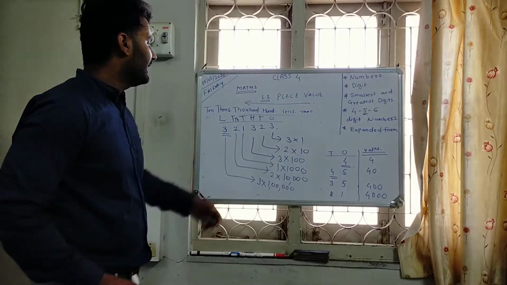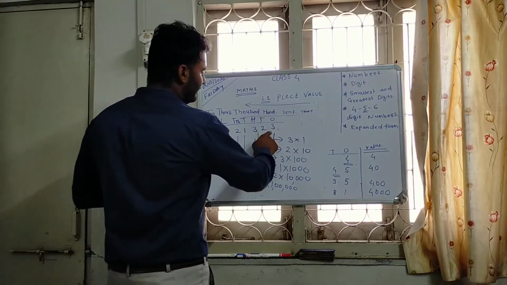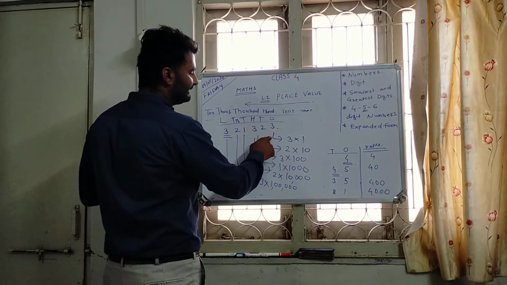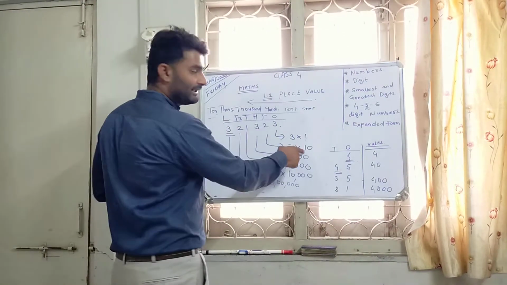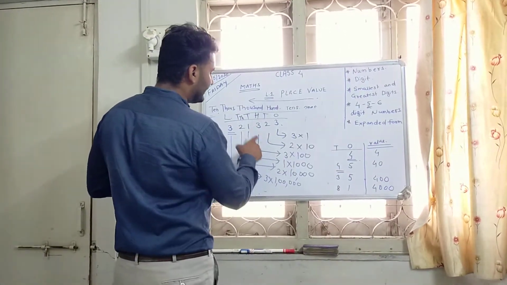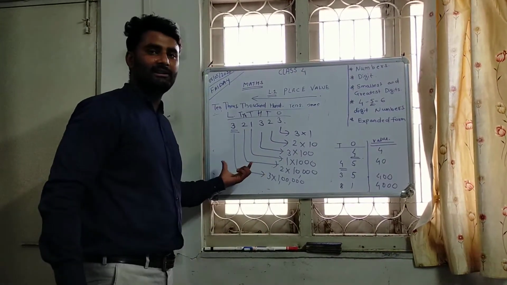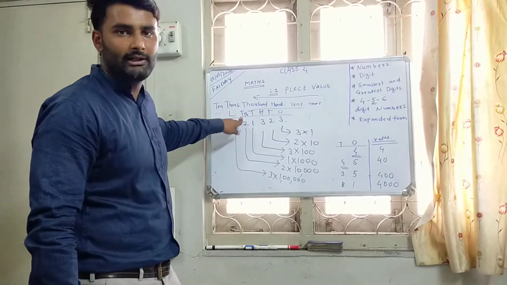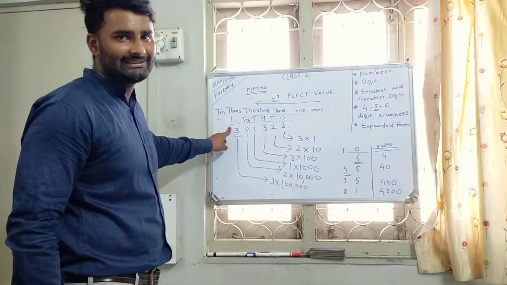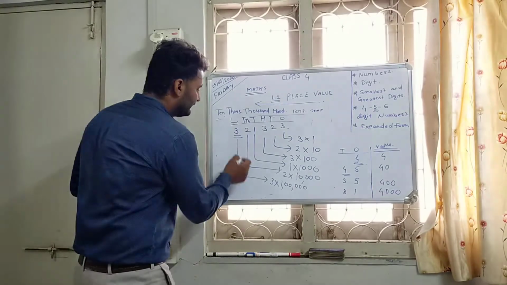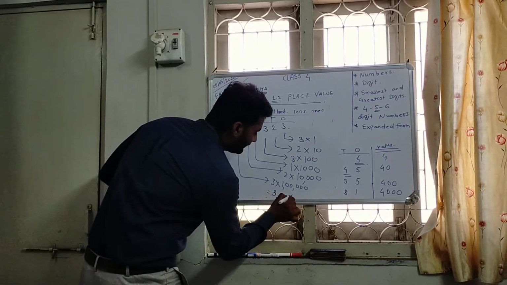Going from right to left: 3 times ones, that is 3 into 1, 2 times tens, 20, 3 times 100, 300, 1 times 1000. As we previously did till 10,000, we just add one more term, the lakh term, so 3 times lakh means 3 lakh.